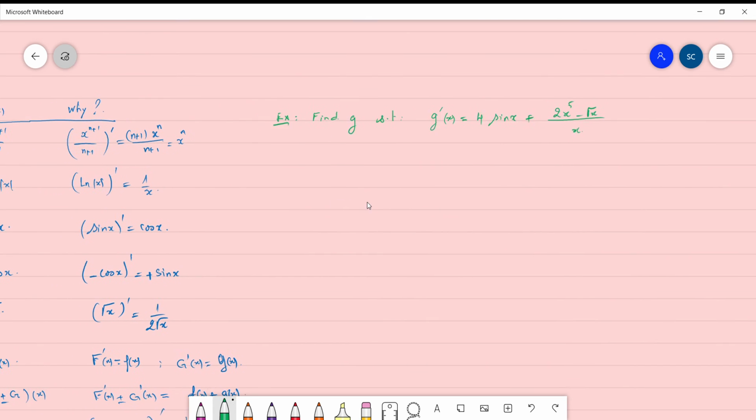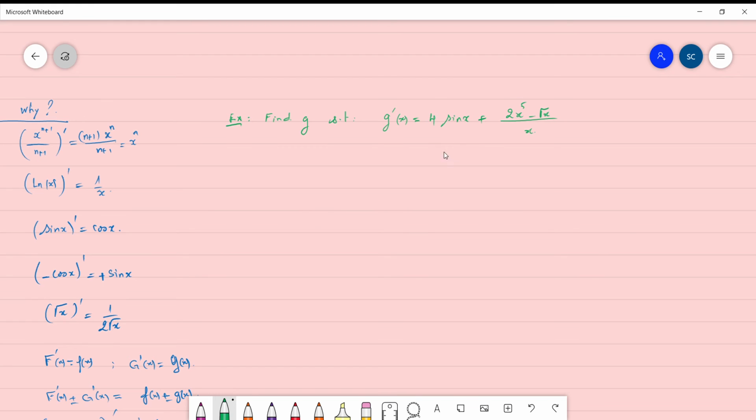I can look at this function as a sum. So I can already say that g of x will be an antiderivative of this function plus an antiderivative of that function. An antiderivative of 4 times sine will be 4 times an antiderivative of sine, so it will be 4 and cosine.